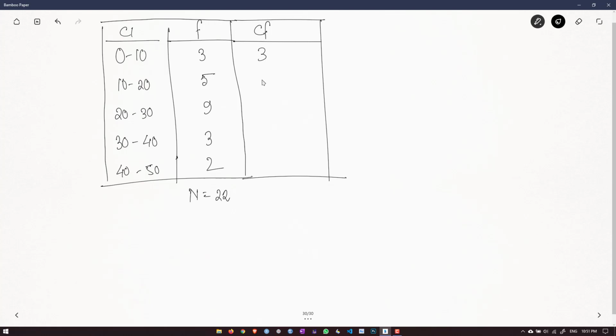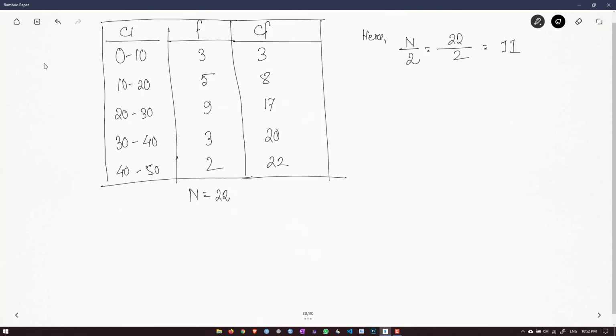The first is 3, 3 plus 5 is 8, 8 plus 9 is 17, 17 plus 3 is 20, 20 plus 2 is 22, right? So this is our first step. This is our second step. Next is finding out n by 2. N by 2 is 22 by 2 is 11. This is your next step, right? Here n by 2 is 11.